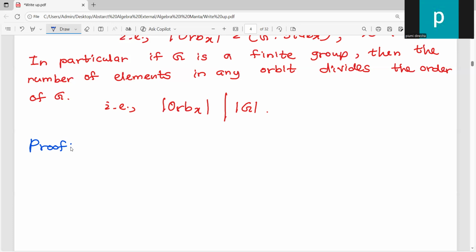Now, what we do is, we will define a function. Let's first of all fix an element x, right?